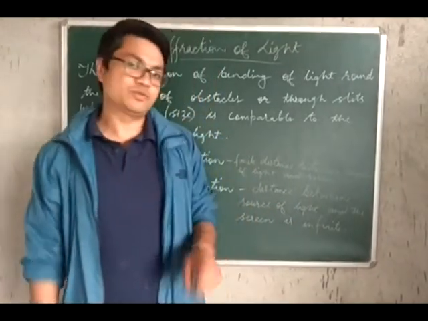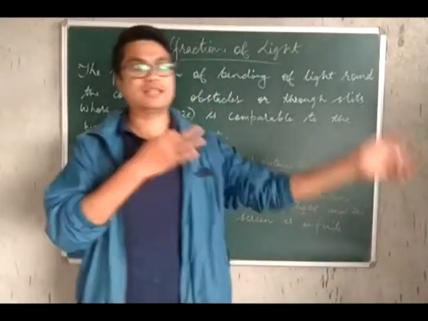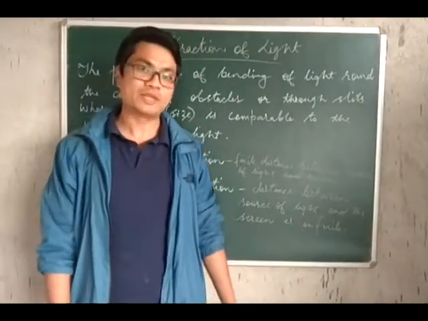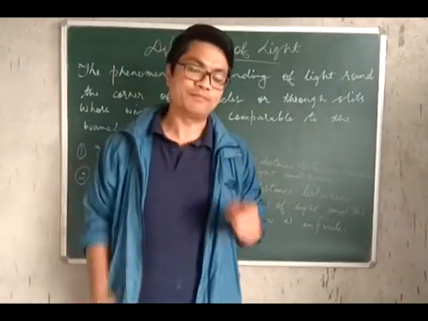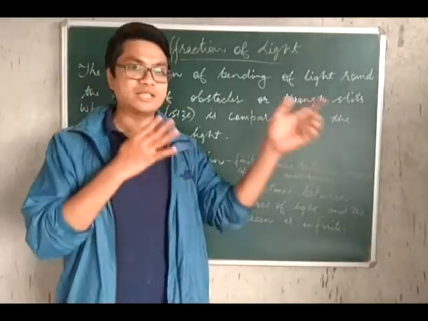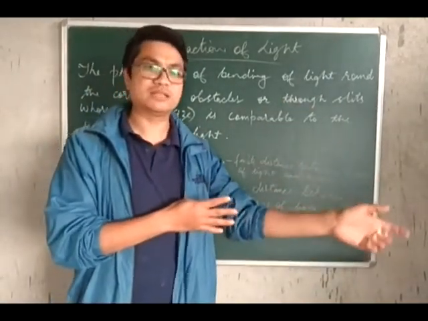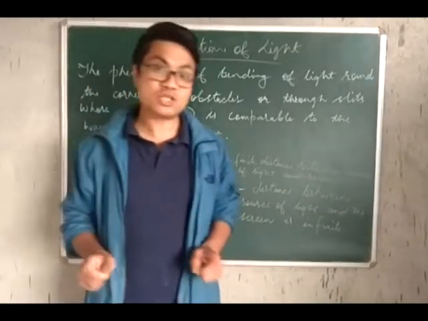Diffraction of light is a phenomenon of bending of light. Now we've studied in the junior classes about rectilinear propagation of light, that light travels in a straight line. But here we are going to study that light also undergoes bending. Light does not always travel in a rectilinear path. We've also studied about refraction of light.